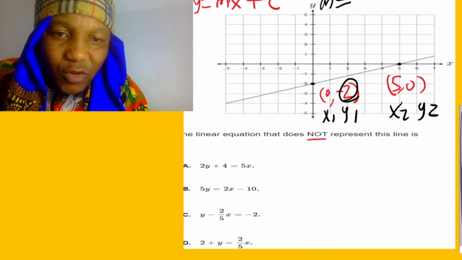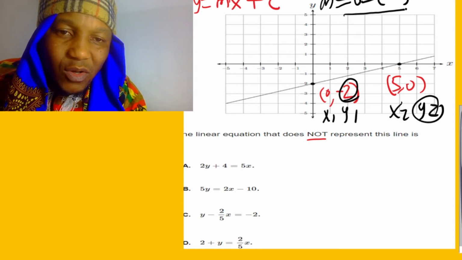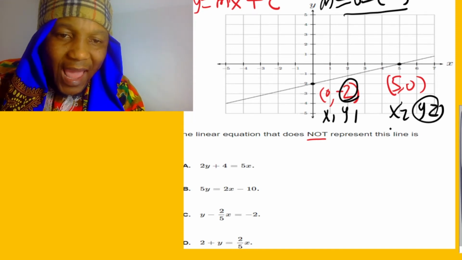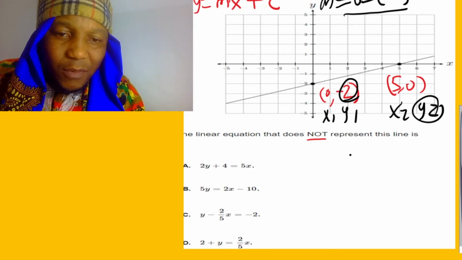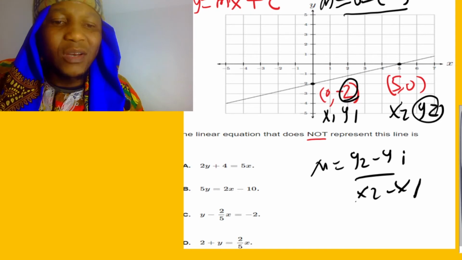What is y2? 0 minus y1, which is -2, over x2 minus x1. That's how you get a slope.